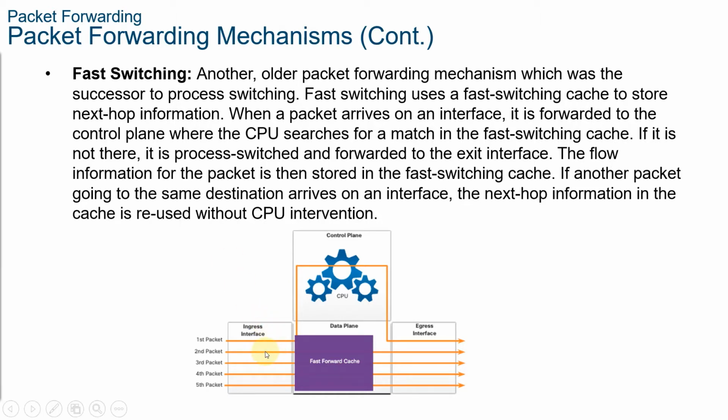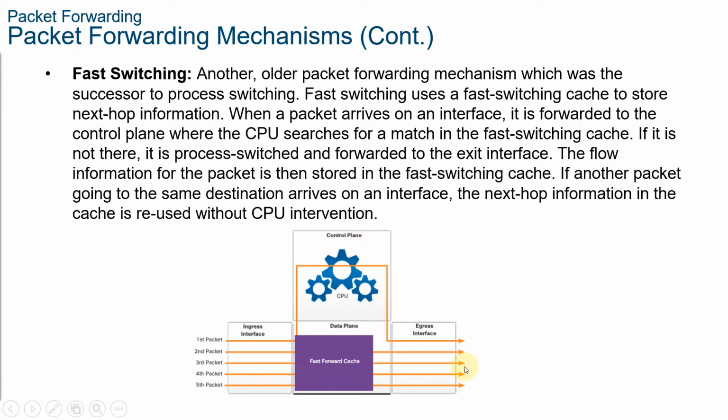When a packet arrives on the interface, it is forwarded to the control plane where the CPU searches for a match in the fast switching cache. If it is not there, it is process switched and forwarded to the exit interface.